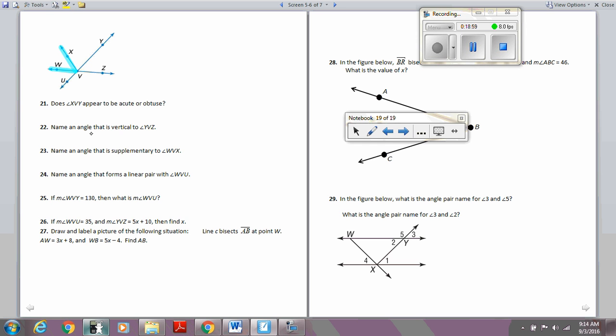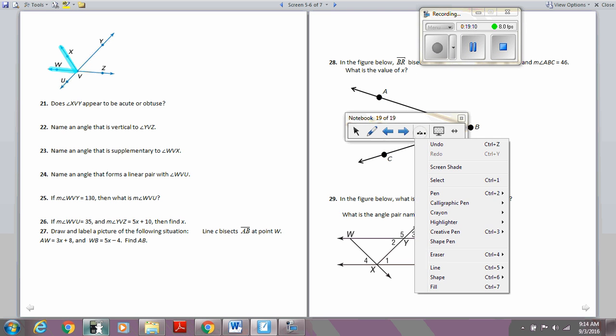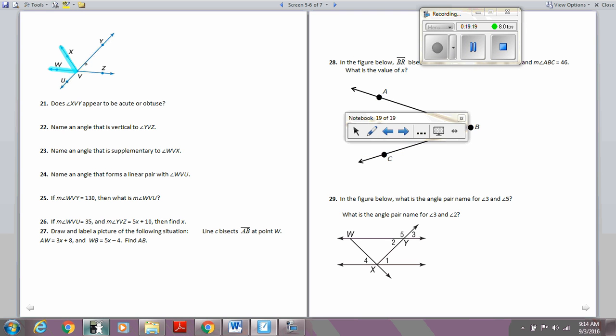In order to be supplementary, together the two angles have to form a line. So I would have to say that it would be angle XVZ. Or angle ZVX.